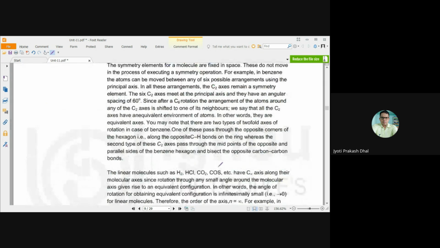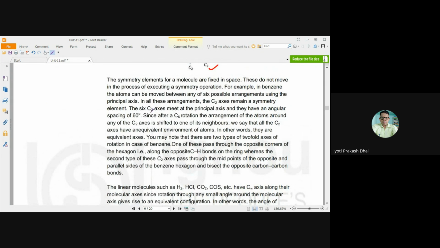So the six C2 axes of symmetry meet the principal axis and have an angular spacing of 60 degrees. Since after a C6 rotation, the arrangement of the atoms around any of the C2 axes is shifted to one of its neighboring positions, we say that all the C2 axes have an equivalent environment of atoms. In other words, they are equivalent axes.